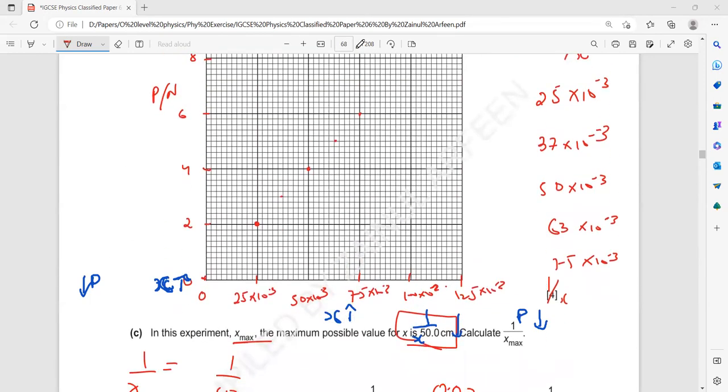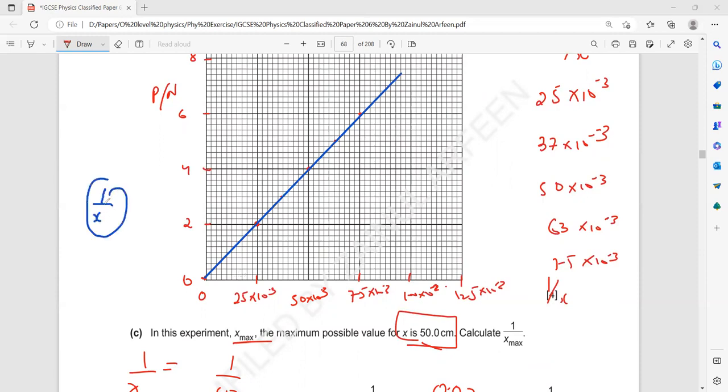So this is our graph, and we work out the minimum value of 1 over X, because using the minimum value of 1 over X, we can determine the minimum value of P. So this is 2.5, this is 5, 7.5, 10, 12.5, 15, 17.5, 20.